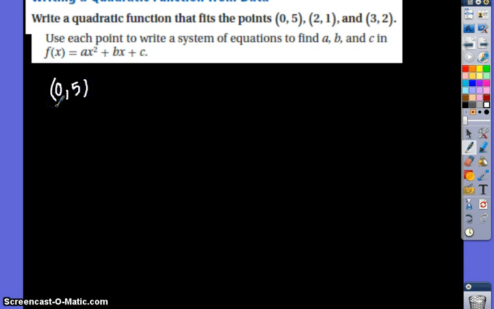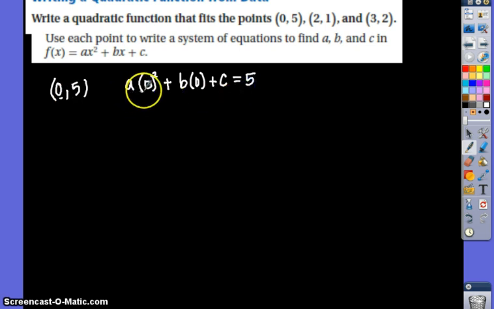We want to put that into our standard form of a quadratic, so that would be a times x squared, but here x is 0. So a times 0 squared plus b times 0 plus c equals y, our output value, which in this case is 5.